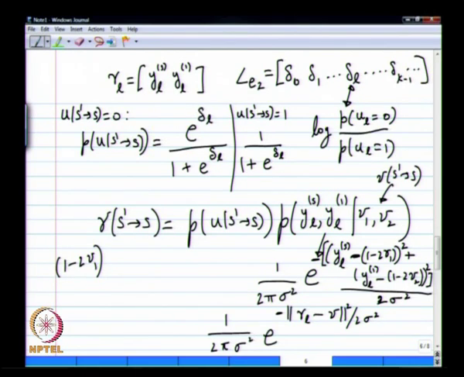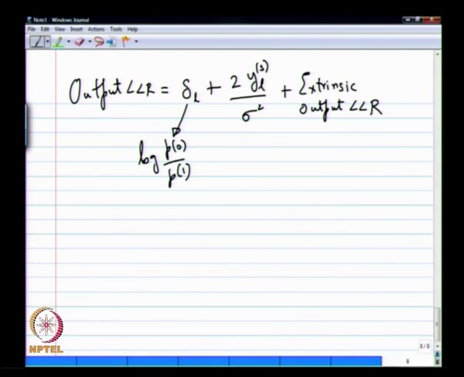After you compute the total output LLR, which is what comes up here on the left hand side, at the end of the fourth step, you would have computed the total output LLR. From there, how will you compute the extrinsic output LLR? You subtract the extrinsic input delta L, and then you subtract this other factor 2 YLS by sigma squared.